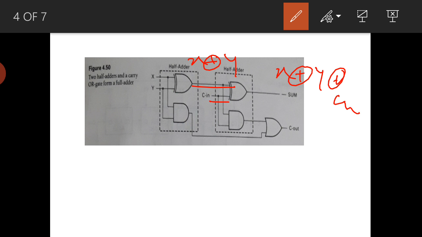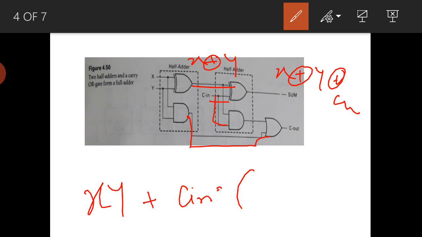And here this is xy, plus, and here c in dot, so this c in is tapped here, c in dot x XOR y. Whatever x XOR y is, it is one of the inputs for the AND gate, and c in is the other input.